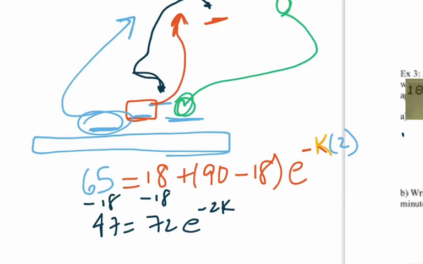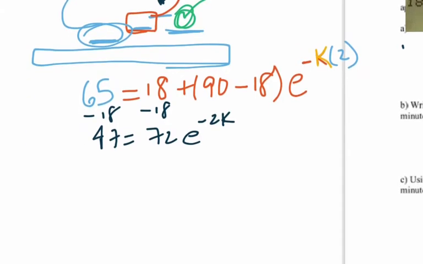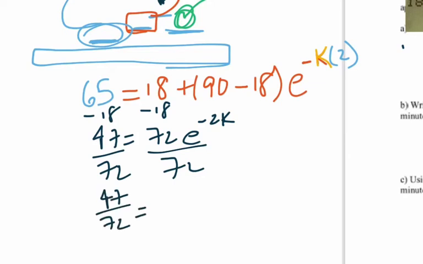Hopefully everybody's okay with that quick math. And then I'm going to divide by 72. And then I have 47 over 72 is equal to e to the negative 2k.